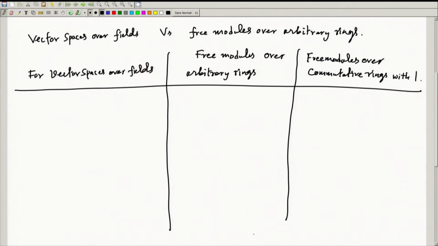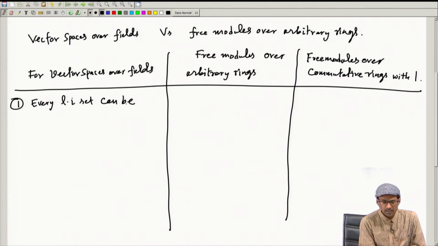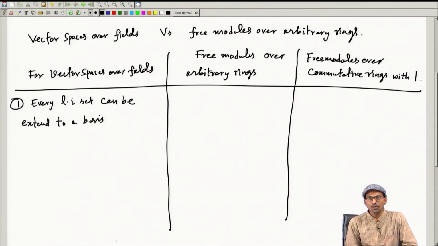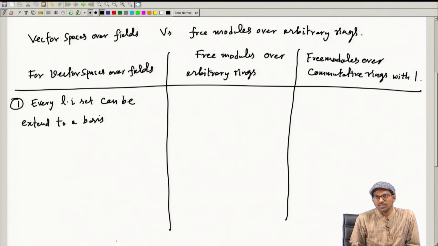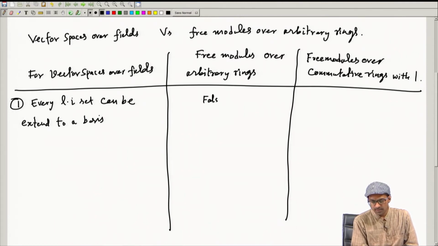The first property I am going to discuss is: every linearly independent set can be extended to a basis. This we know already for vector spaces, but whether it is true, for example, for free modules over arbitrary rings, we will see that this is false.